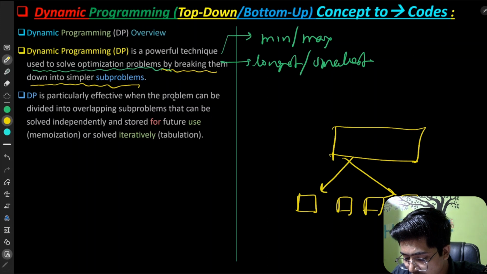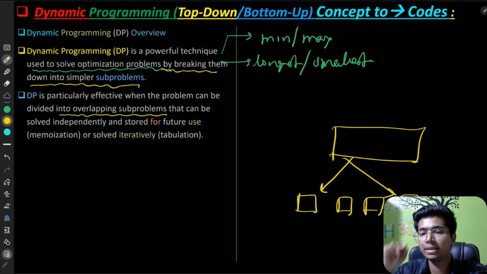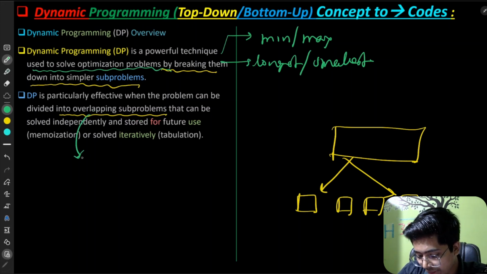DP is particularly effective when the problem can be divided into overlapping subproblems. One more fact: the more important thing here is that the subproblems will be overlapping. That means subproblems will be the same. That is the main concept, the overlapping, meaning same subproblems.